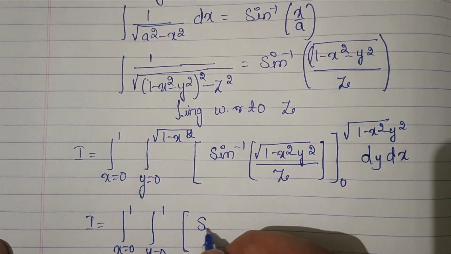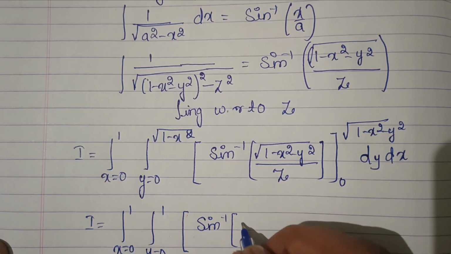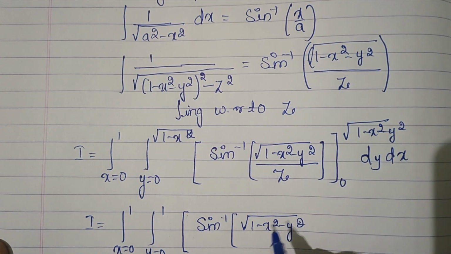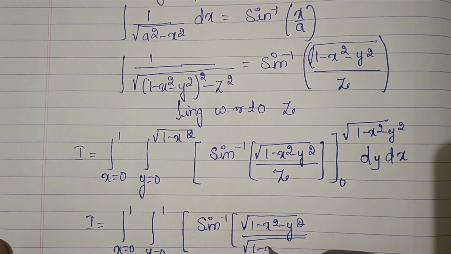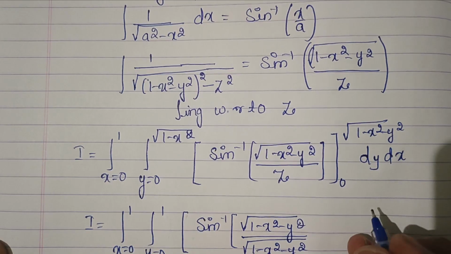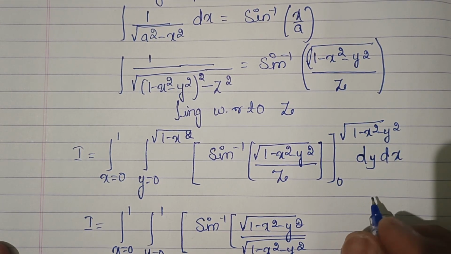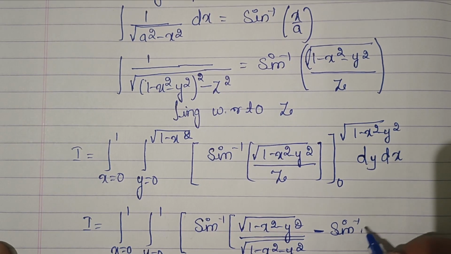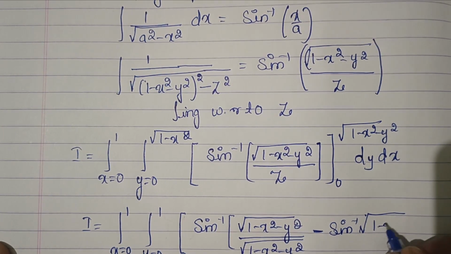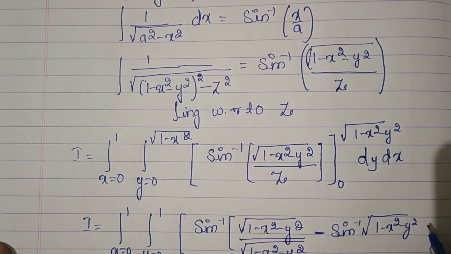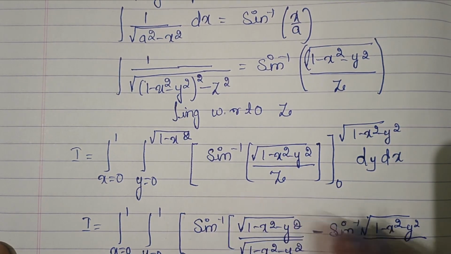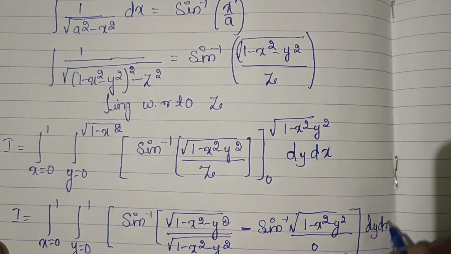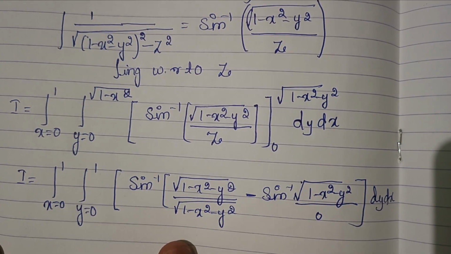When we apply the limit, this is sine inverse of z, which will be considered as root of 1 minus x square minus y square, divided by root of 1 minus x square minus y square, minus sine inverse of 0 divided by root of 1 minus x square minus y square. We are getting this one, that is dy dx. Okay, this equation we have to get.